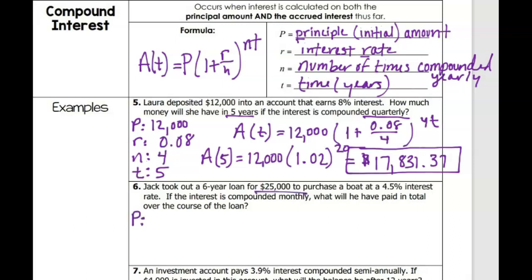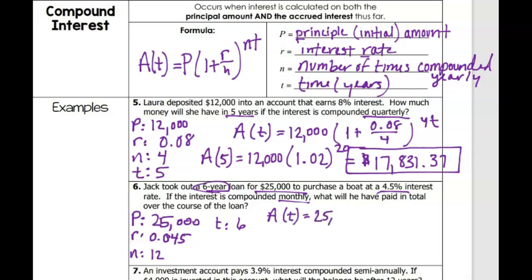And again, so we'll think of the principal is $25,000, right? That's how much money he's going to take out. The interest rate is 4.5%, so we're going to have to change that to a decimal. And then it's compounded monthly, so that's going to be 12, obviously, for that. And then we want 6 as the number of years.